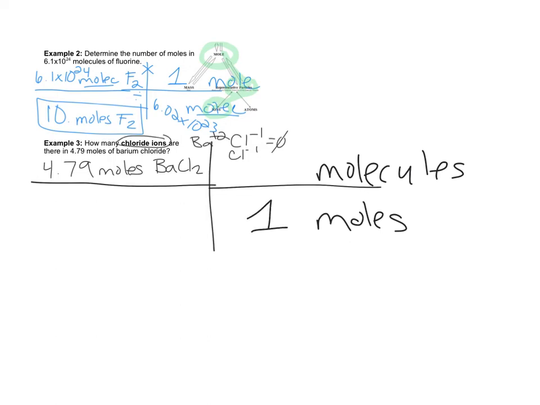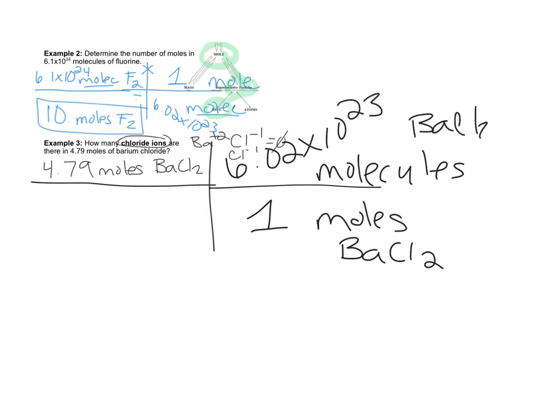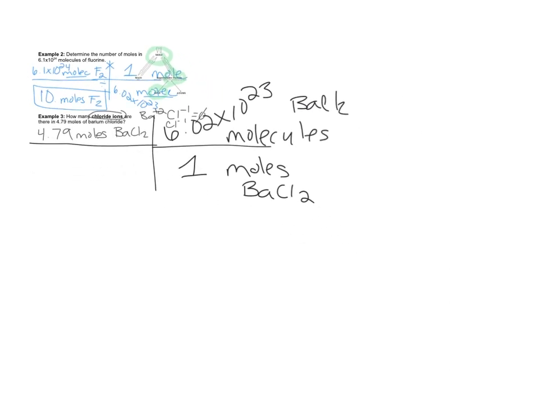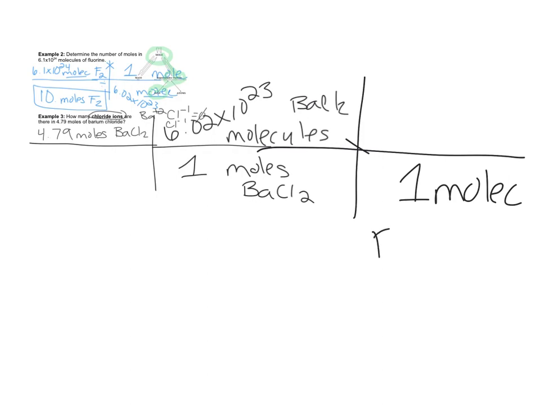So if I have 1 mole of barium chloride, I know I have 6.02 times 10 to the 23rd molecules of barium chloride. But they want to go beyond molecules. They want to get to ions, and they specifically want chloride ions. And so I'm going to have to look at 1 molecule of BaCl2.